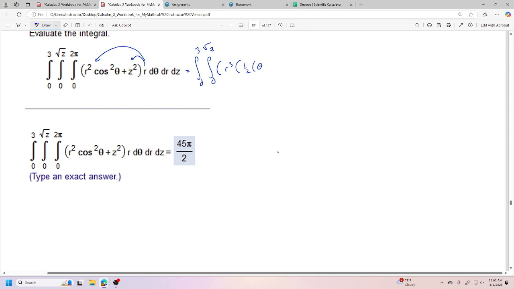I'm just always scared with cosine squared. And it's like, it's just a formula, Chad. Oh, that might be where I messed up last time.